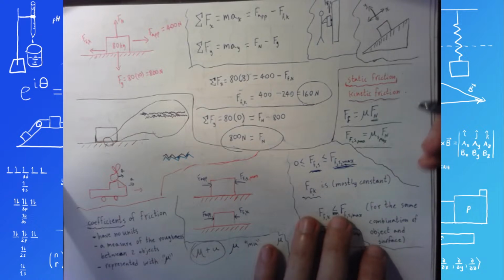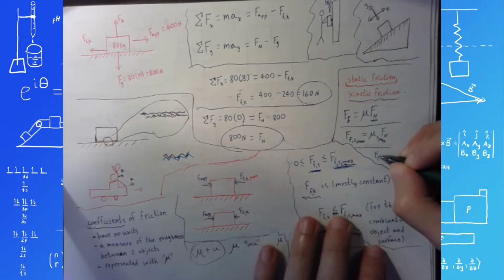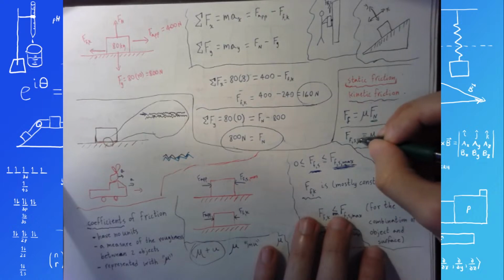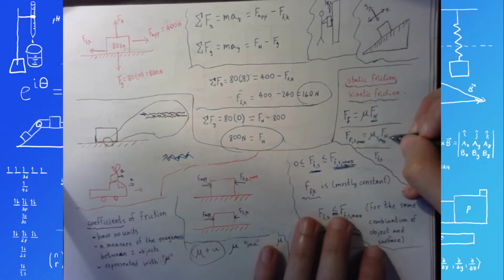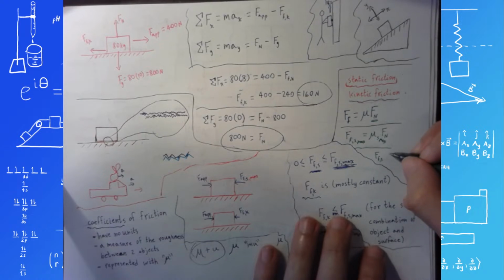Oh, here's what I forgot. Maximum static friction is equal to the coefficient of maximum static friction times the normal force. But the better way to think about it in general for the problems that you're going to have is just say force of friction static is less than or equal to the coefficient of static friction, which I would just go ahead and assume is going to be the maximum for most problems that they give you.